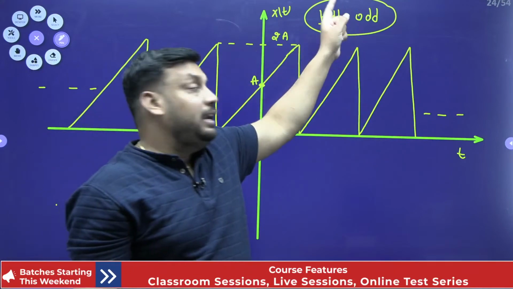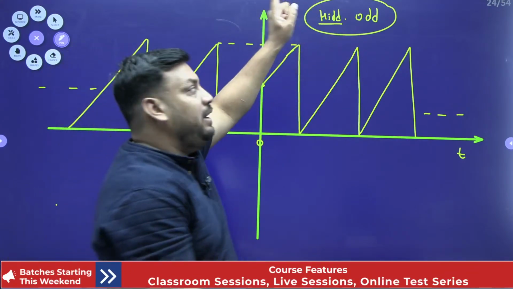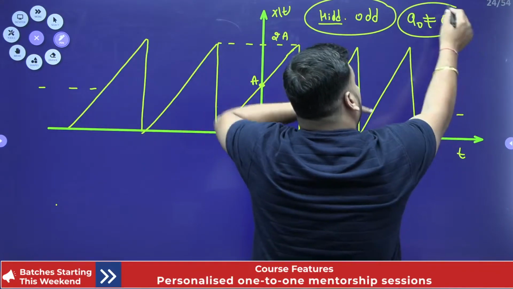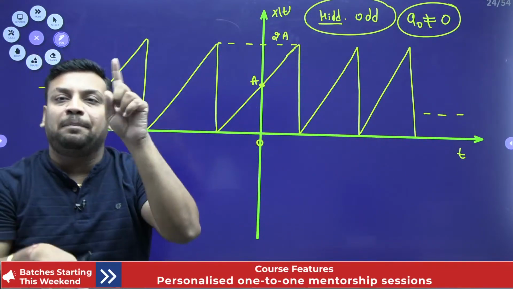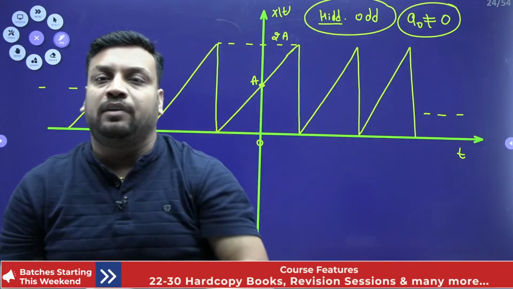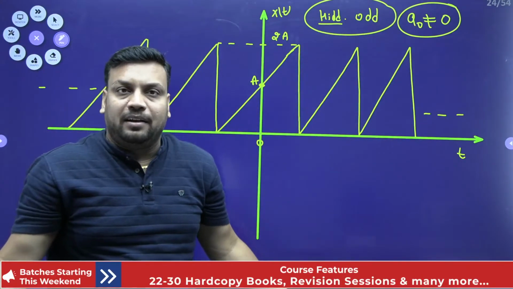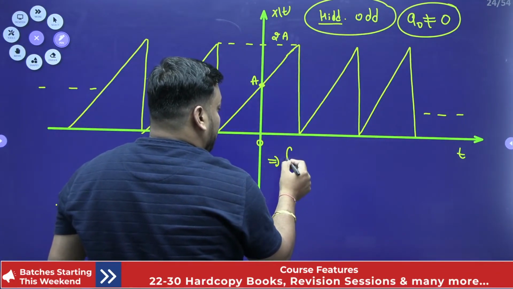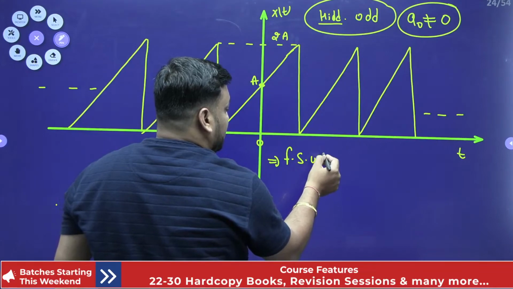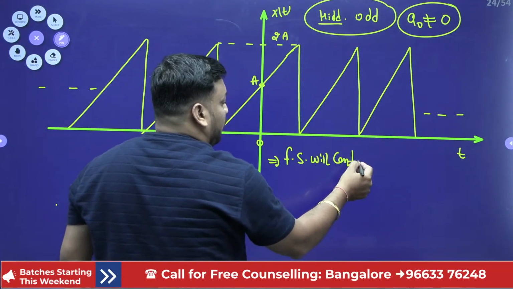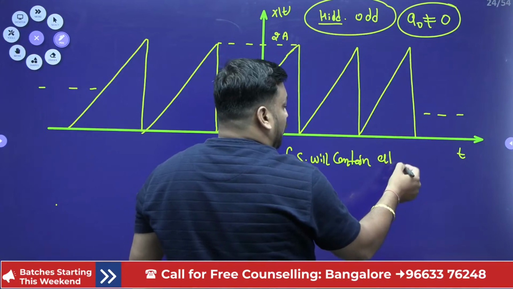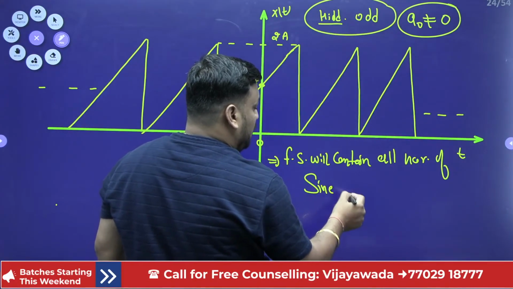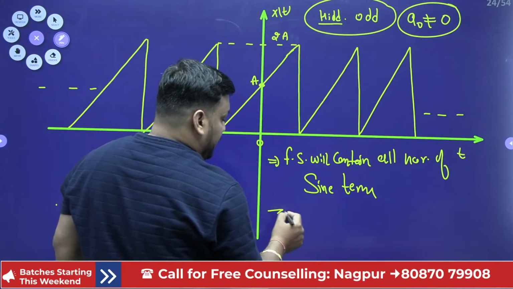And hidden odd symmetrical condition always has A naught non-zero, because amplitude shifting only affects the average value. Harmonics will not be affected. So A naught is not equal to 0, but still the Fourier series will contain all harmonics of sine term. It means still An equal to 0, guys.